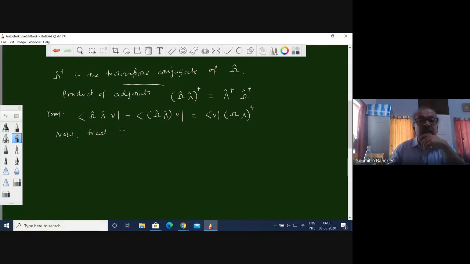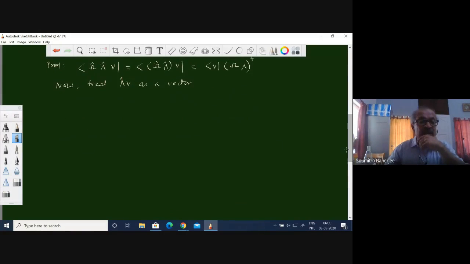Treat the lambda operating on V as a vector. Okay. So in that case, let me give some space. In that case, omega, lambda, sorry, not A, capital lambda V, this thing is treated as a vector.